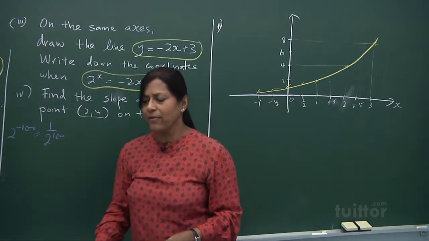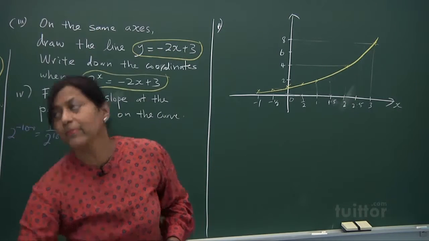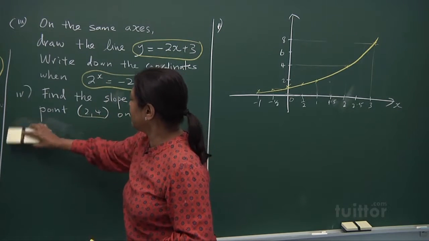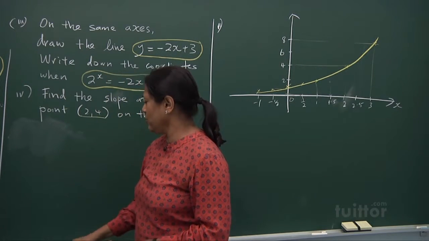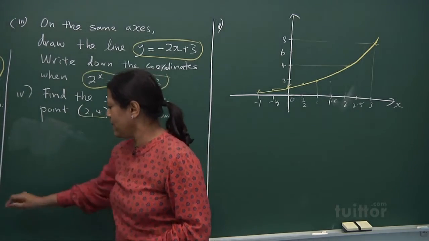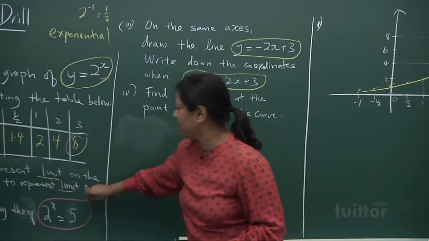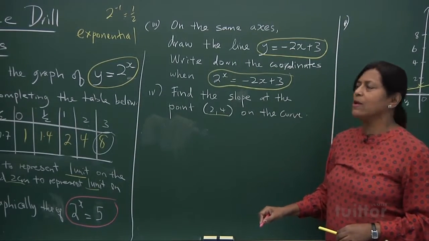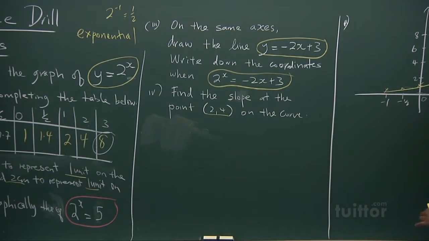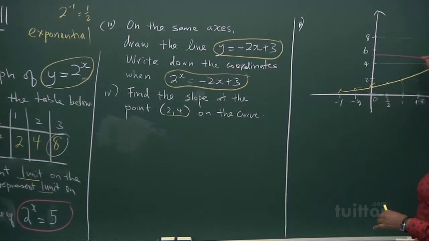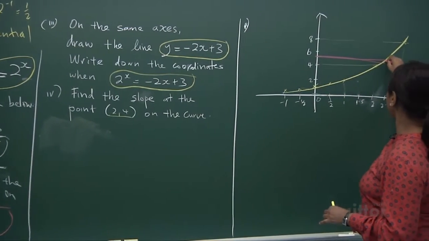Now, the next part of it, they're saying, hey, what is the solution when 2 to the power of x is equal to 5? Look at 5. Y is 5.